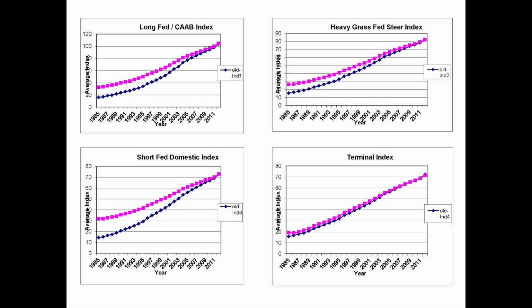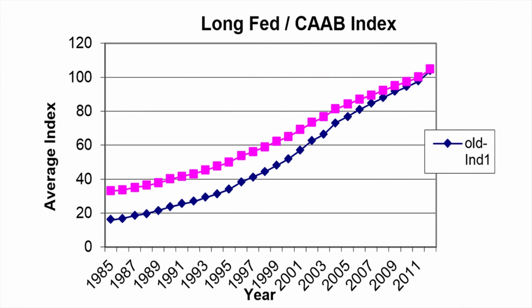Carl might have to help me if there are specific questions, but we can see that the new EBVs and indexes are telling us that, in the case of the long-fed index, the trend has not been quite as big as we thought it was, and the cattle, whatever that was, 3 or 4 years ago, were actually better for that index than we thought they were at the time. As we get closer and closer to the present day, there are very similar values between the new evaluation and the old analysis.